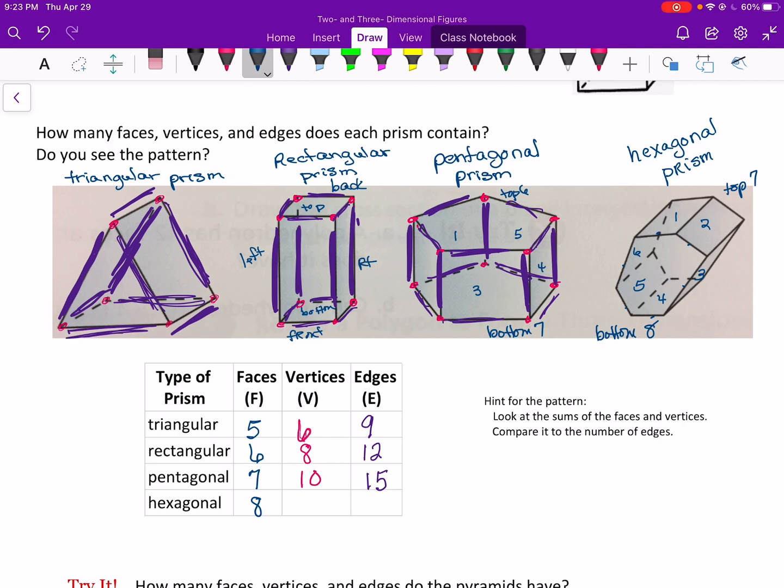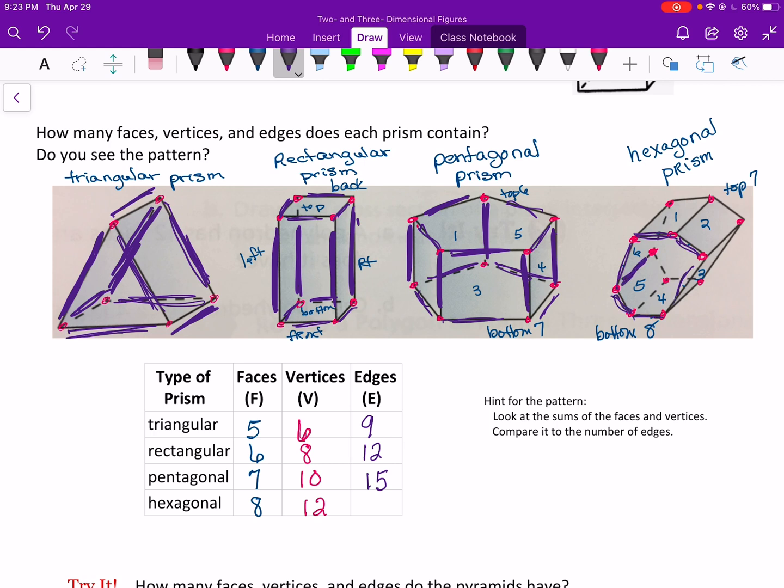Let's count the vertices. 1, 2, 3, 4, 5, 6, and then the other end. 7, 8, 9, 10, 11, 12. Do you notice how much easier it is if you're coloring on the picture at the same time? All right, and then the edges. 1, 2, 3, 4, 5, 6.